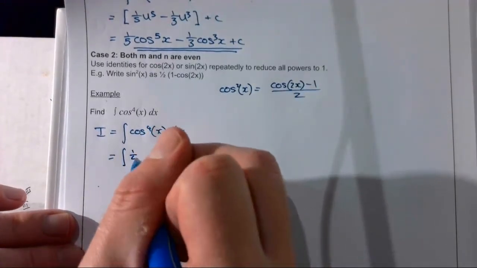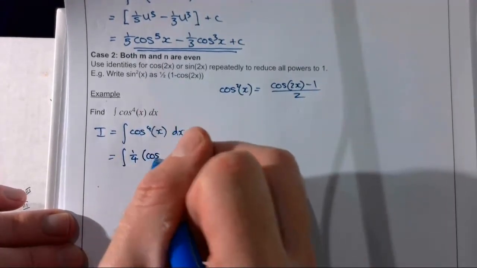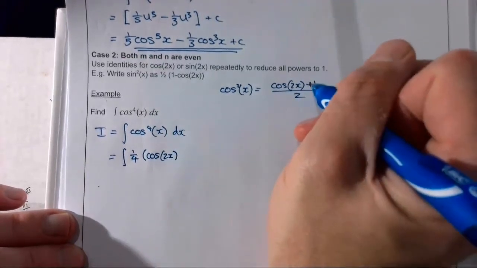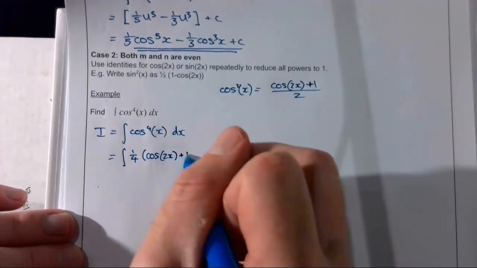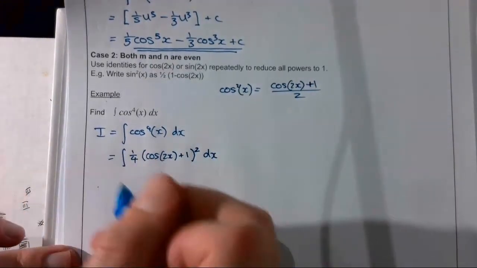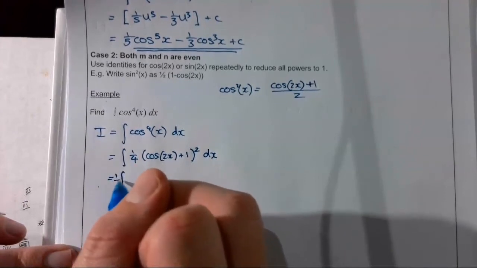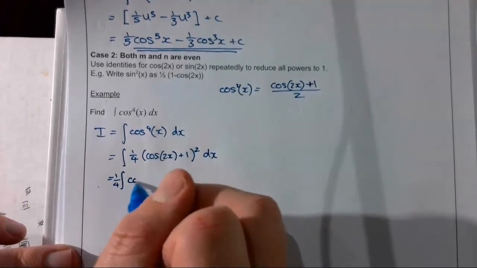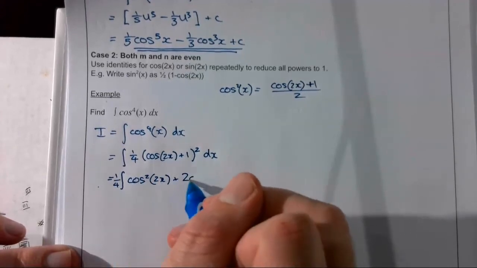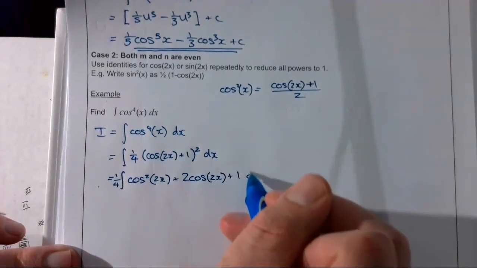So the half squared is going to give me a quarter, and then it's going to be cos of 2x plus 1 all squared dx. I'm going to expand that. I'm going to put my quarter at the front. That's going to give me cos squared of 2x plus 2 cos of 2x plus 1 dx.